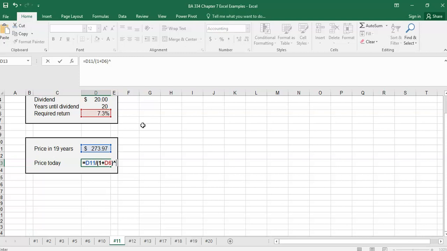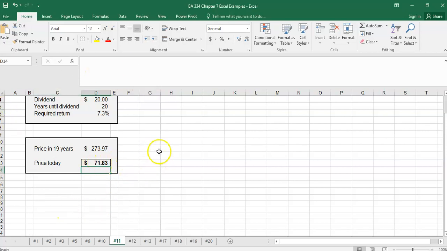So we're going to take the number of years, 20 years, minus 1. And we've gotten then the present value. So the price today would be $71.83.